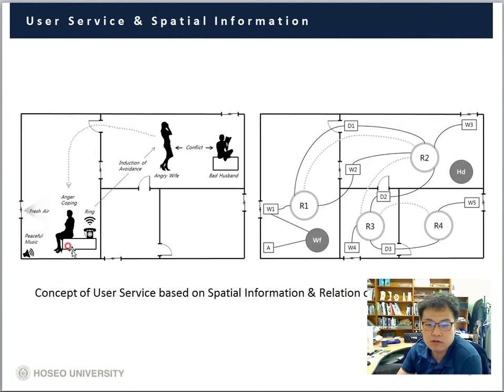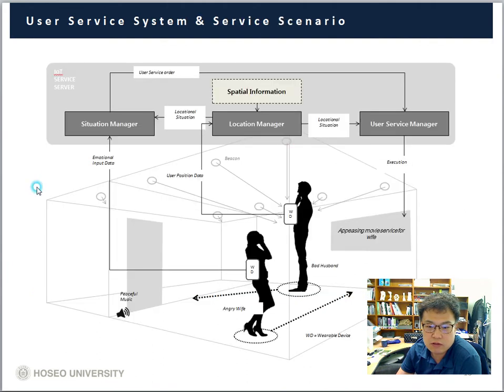Okay, we illustrate this situation like this: this is a mapping between the user service system and the service scenario. So wife and husband, and then locate.